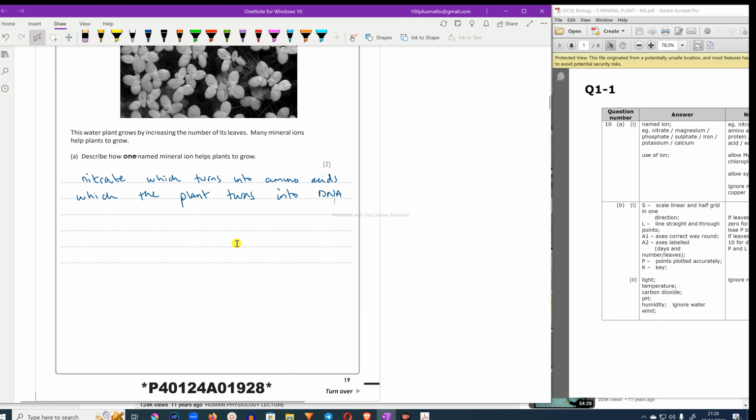Right, the other one that I'm familiar with, and you should always try to use, is magnesium. It is used to make the chlorophyll molecule.